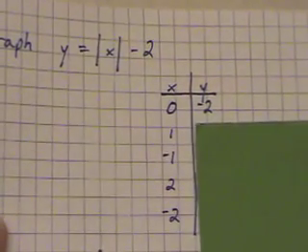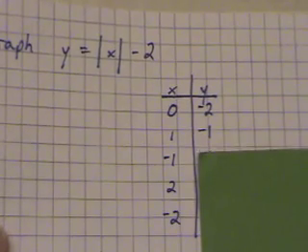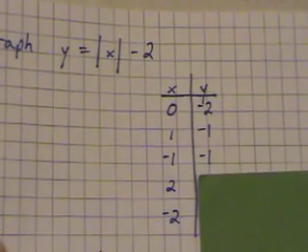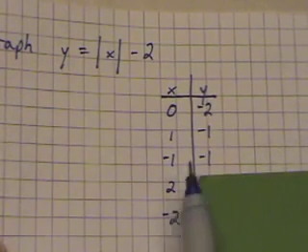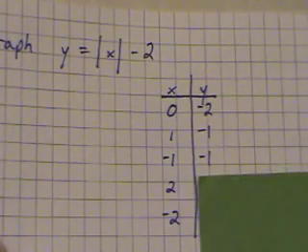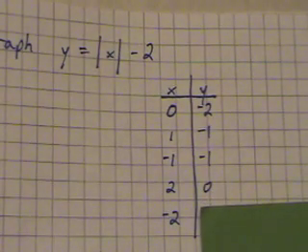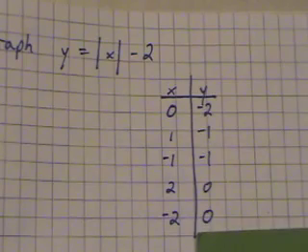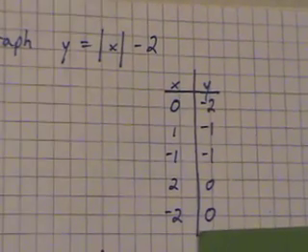If x is 1, y is -1. If x is -1, y is also -1. If x is 2, y is 0. If x is -2, y is 0. Huh. Let's graph this one and see what it looks like.